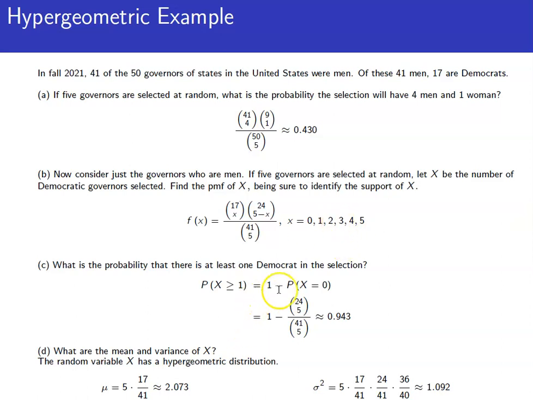So this will be equal to 1 minus the probability that X is equal to 0. Using X equal to 0 here, we'll get 1 minus 24 choose 5, because 17 choose 0, of course, is 1. So we'll have 24 choose 5 over 41 choose 5, which is approximately 0.943.